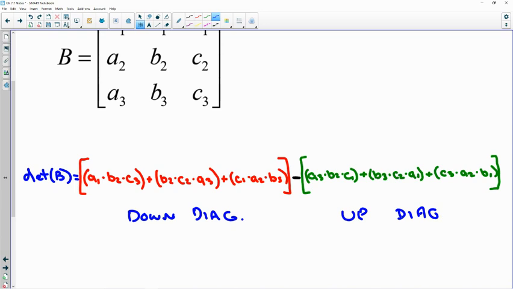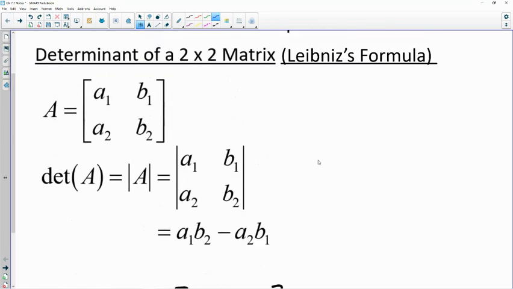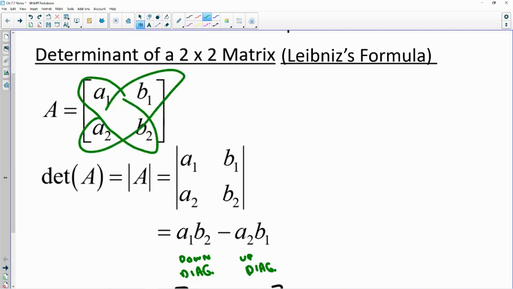Just like how we did with Leibniz's method. A1, B2 is the down diagonal, minus, and this is the up diagonal. Because we're just doing A1, B2, down diagonal, minus A2, B1, up diagonal.